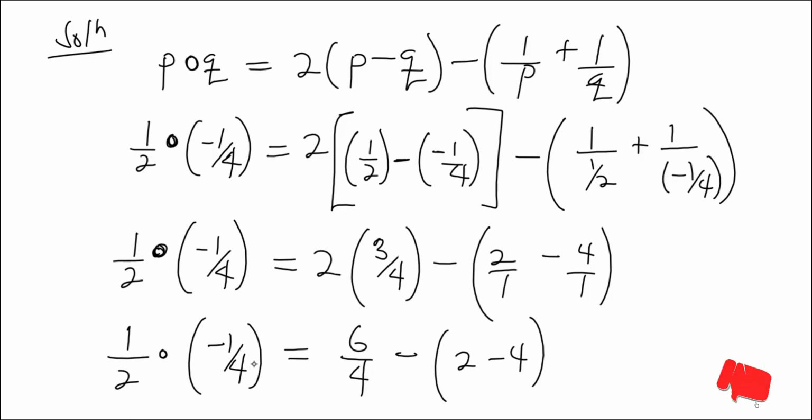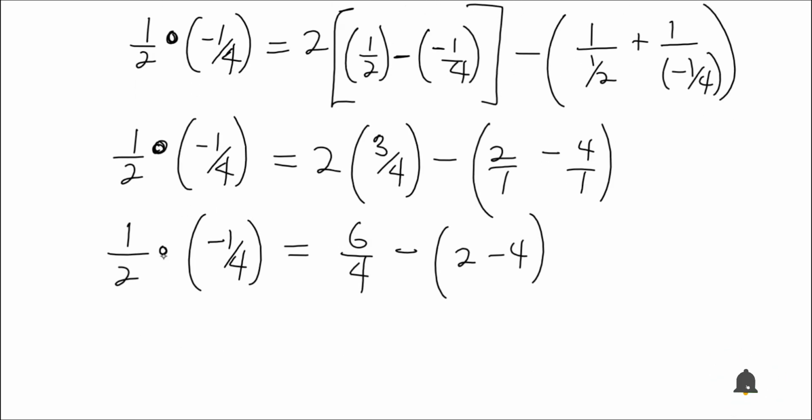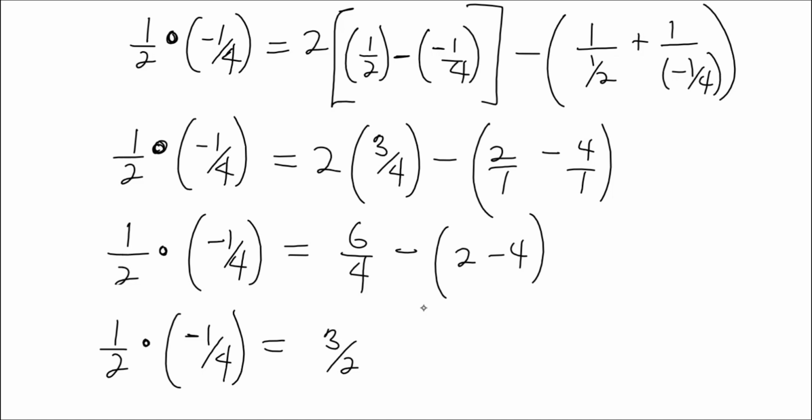So further we break it down again, and we can see that for 1 out of 2 dot negative 1 out of 4, we are going to get 6 out of 4, which gives us 3 out of 2. So we have our 3 out of 2 here. And for that of minus 2 minus 4, that gives us minus 2.